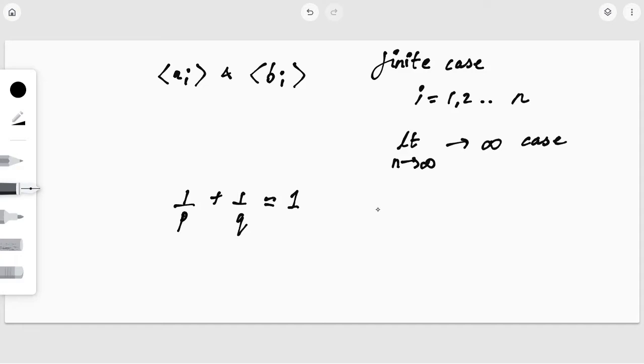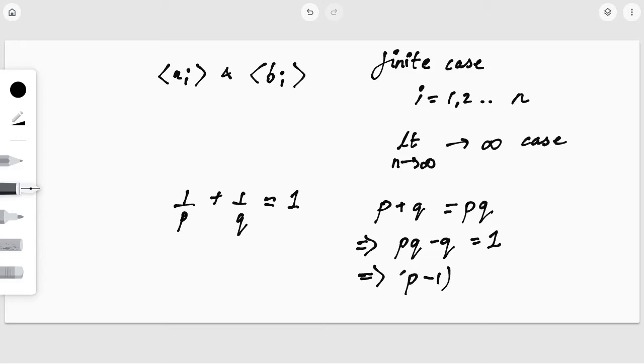From this we can say that p plus q equals pq, by just taking the LCM and rearranging. We get pq minus q is equal to p. So we can take q common: (p minus 1) into q equals p.